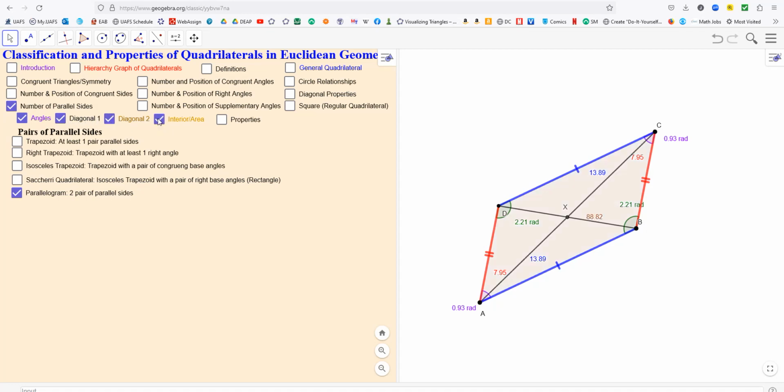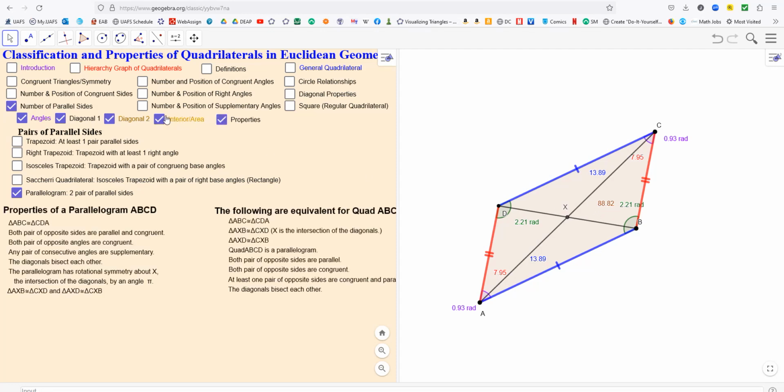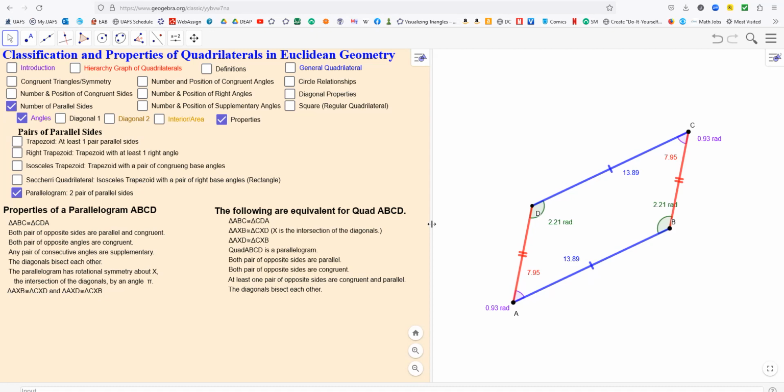We can see its interior shaded and figured out the area. And we can list, there's the interior of it, and right there's the value for its area. And we can list out properties. All right, and these are the same things that we were just talking about.